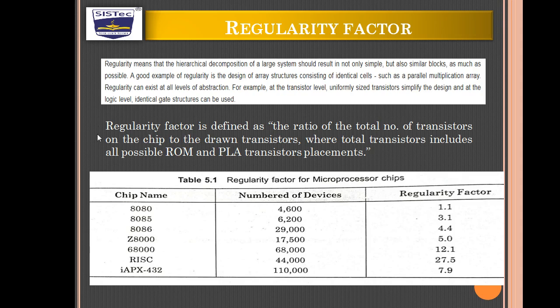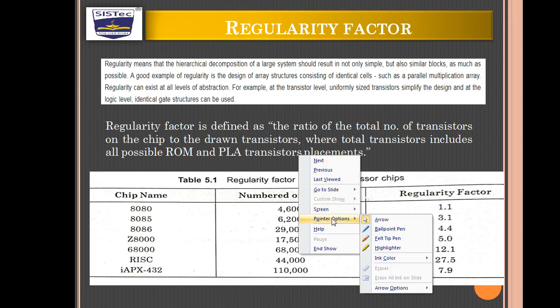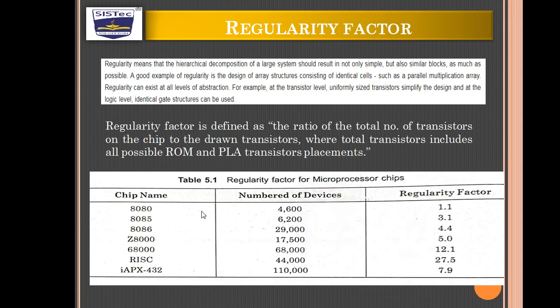In this table, we can see the regularity factor for microprocessor chips. In the 8080 microprocessor, the number of devices used is 4600, while its regularity factor is 1.1.